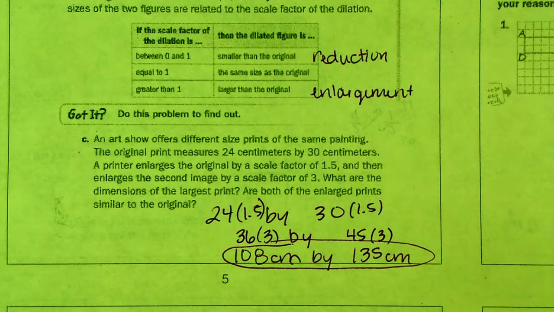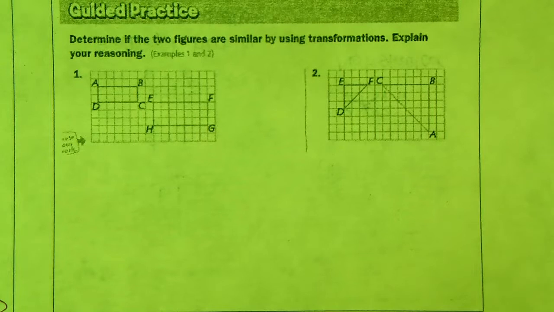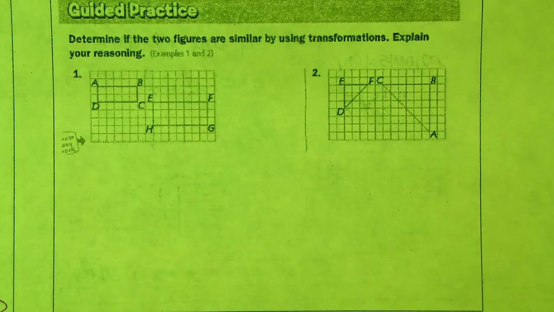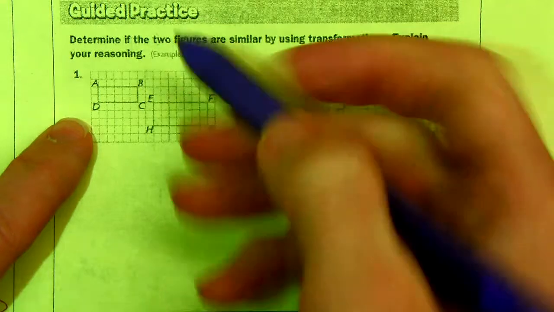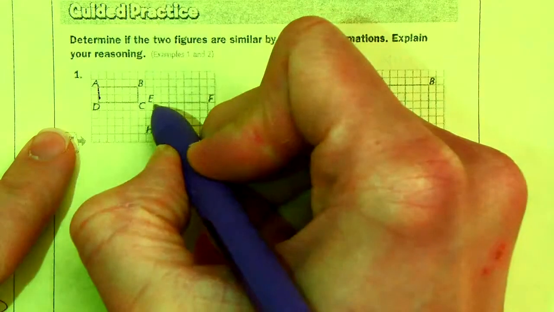Okay, moving on then. Doing more examples. Are they similar? And if they are, we have to explain using transformations. But first we have to determine if they're similar. So take a look. Now, this is 2 rectangles. Realistically, I know you're supposed to compare all 4 sides, but if I compare those 2, aren't I comparing BC and EF?